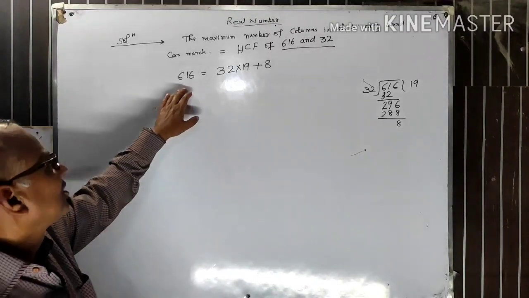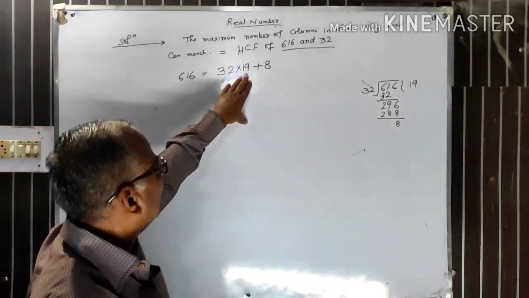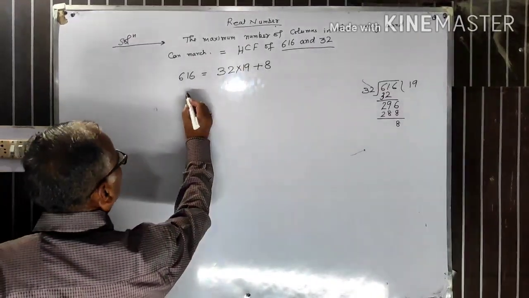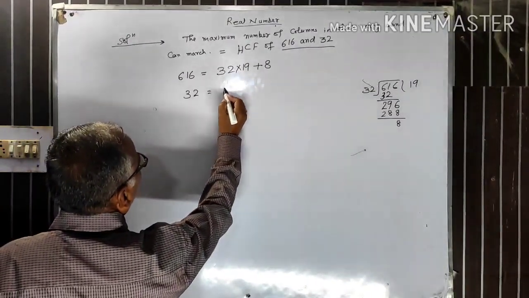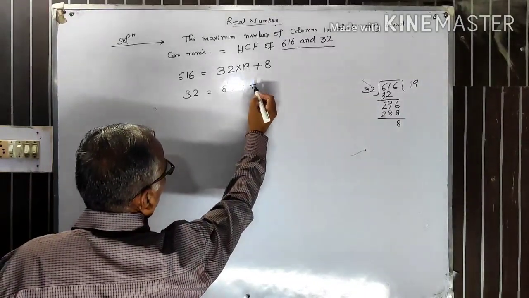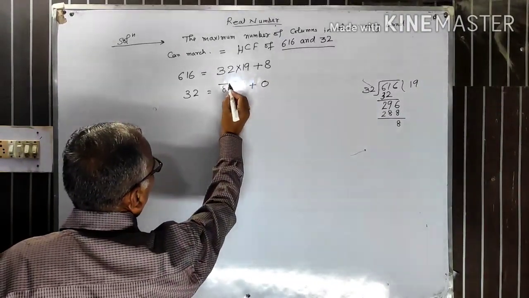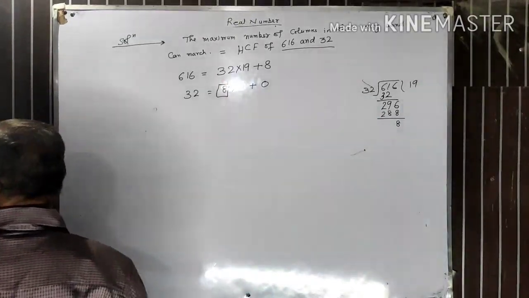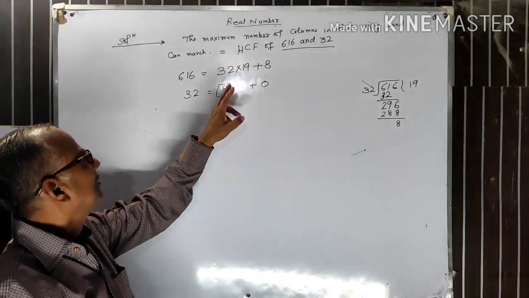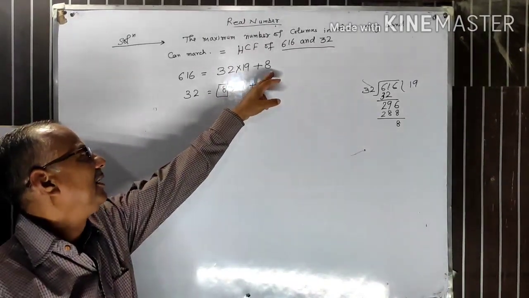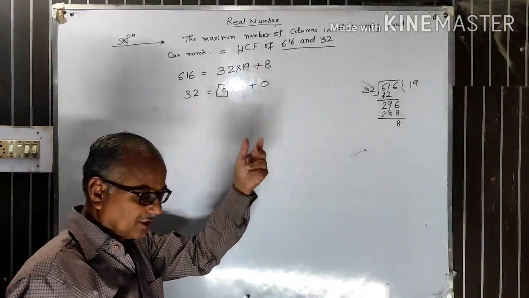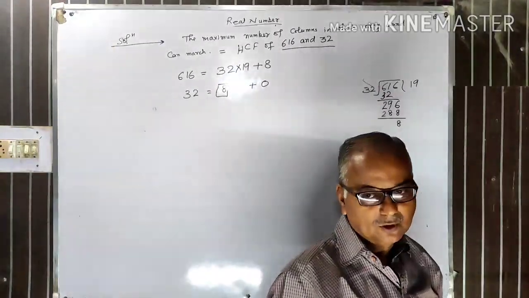So 616 equal to 32 multiplied by 19 plus 8. Now you divide 32 by 8. 8 fours are 32, so remainder is 0. 4 is the quotient and remainder is 0.